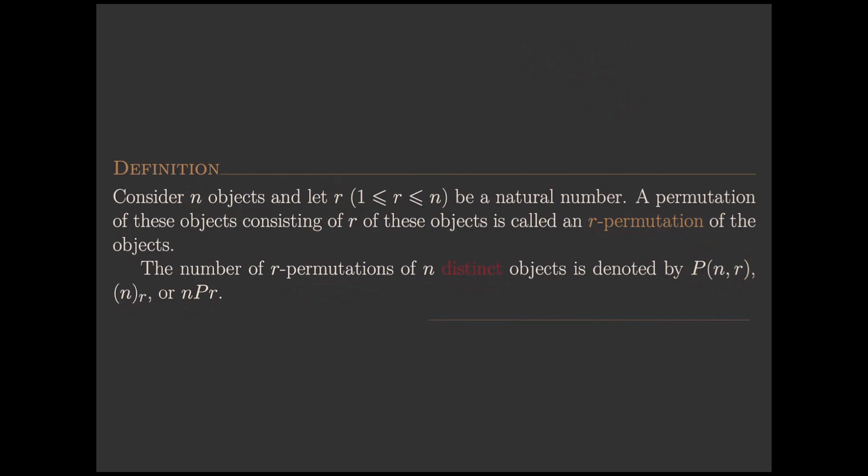This is just terminology that I want you to learn. We had the word permutation before, but now we add r to it, we say r-permutation. And the number of permutations for n distinct objects, do you remember it was n factorial? But the number of r-permutations of n distinct objects is denoted by this. We still do not have any formulas for that. We will derive that in this lesson.